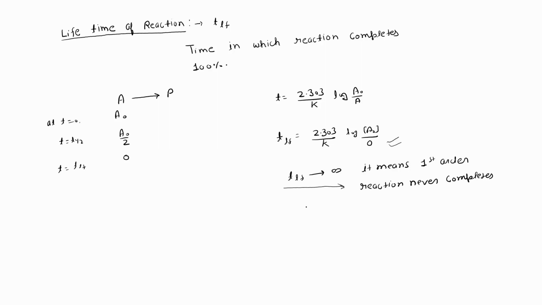So that's why you can get a fully converted reactant or fully formed product in reality. That is the reason. But if any reaction truly follows the first order kinetics, then it will never convert to 100%. It will take infinite time to convert to 100%.